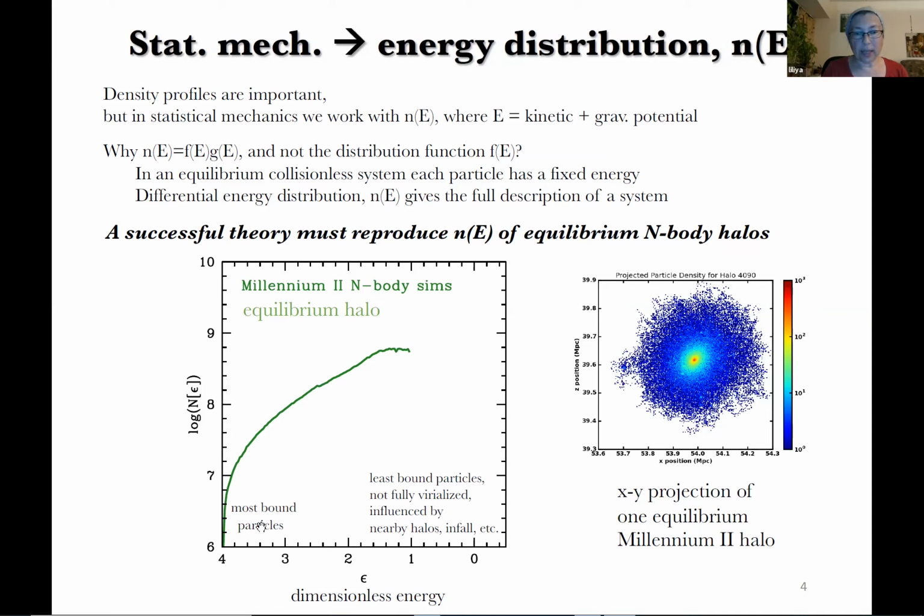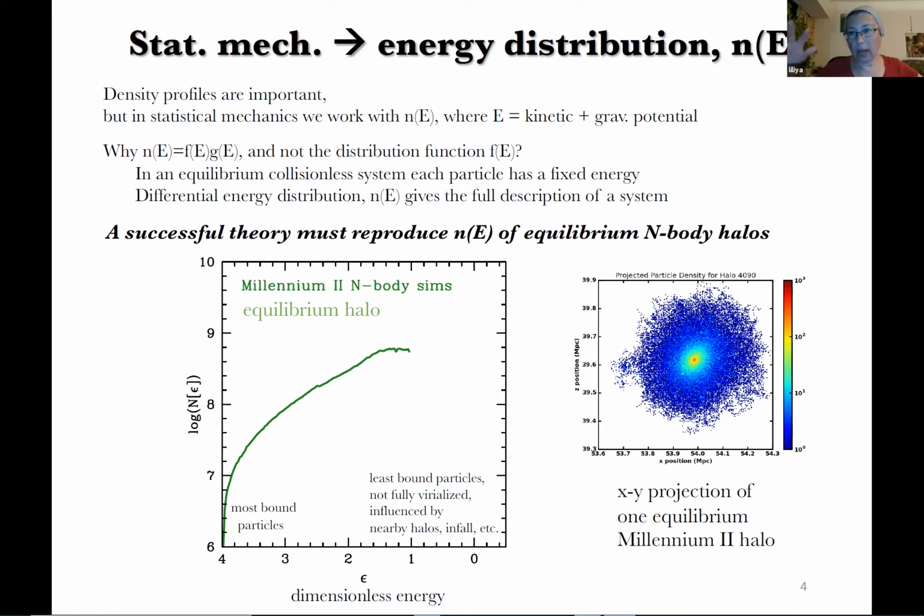This left end is the most bound particles. There are no particles existing at even more bound energies. The most bound particle is the particle that has zero kinetic energy, sitting at the very bottom of the potential well. On the other hand, on this side, you have less bound particles.